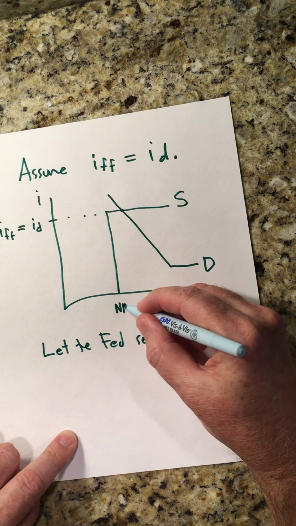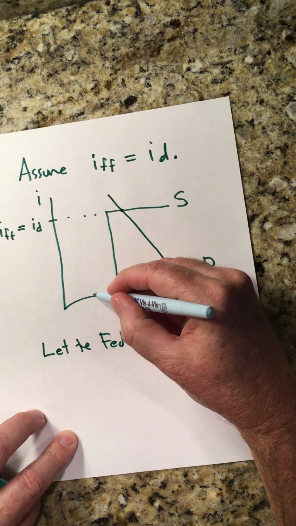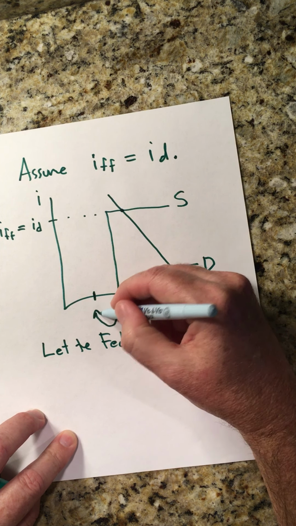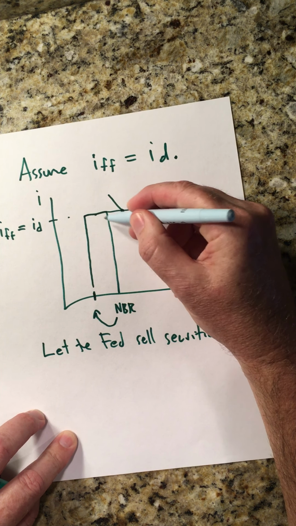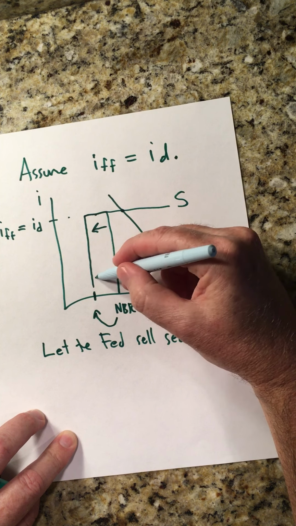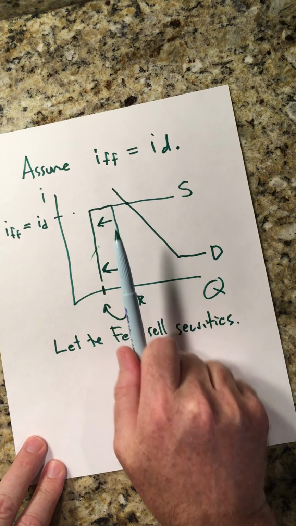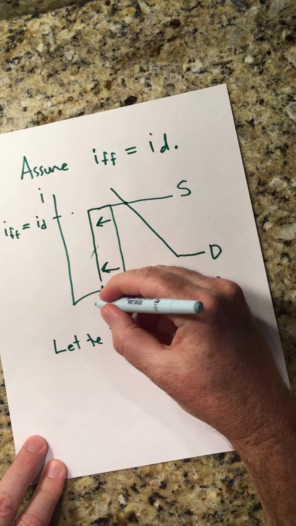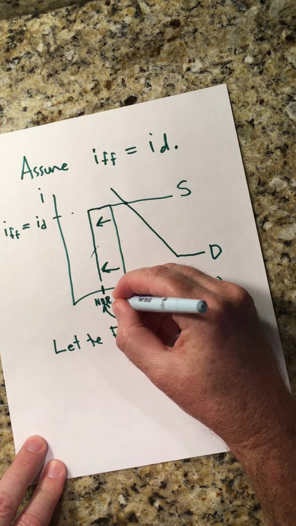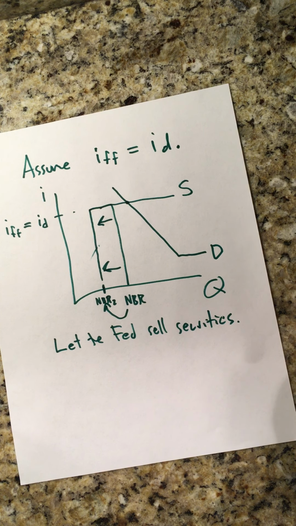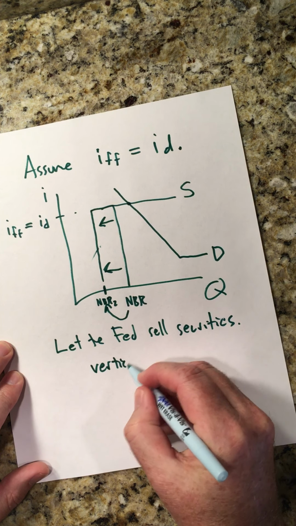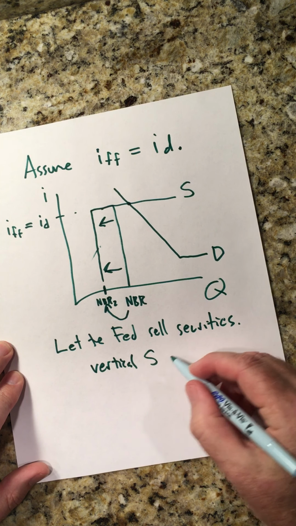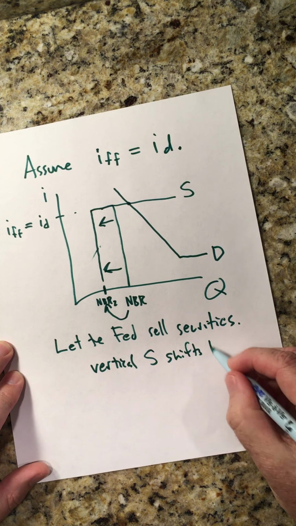So if I have non-borrowed reserves here, then the non-borrowed reserves are going to shift over to this, just like we did before. So I have something like this as my new supply curve. Again, all I did is shift the vertical part of supply to the left. And this is my new non-borrowed reserves amount, NBR2 call it. All right, so they sell securities. What I did is the vertical part of supply shifts left, we said.